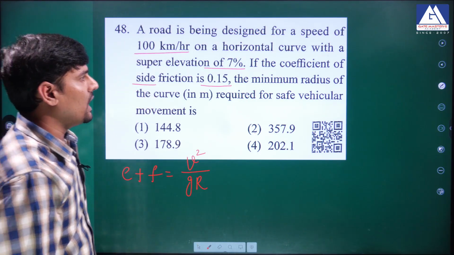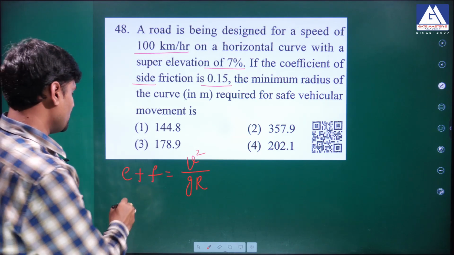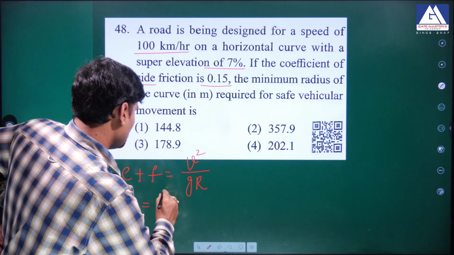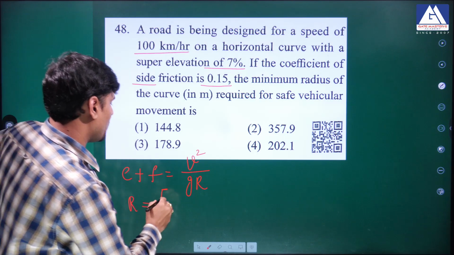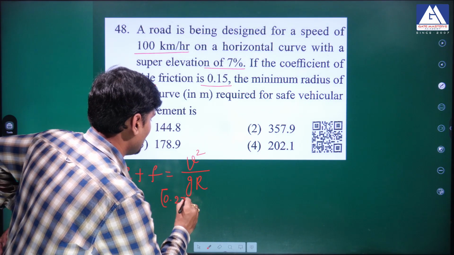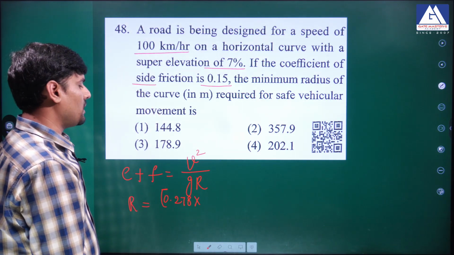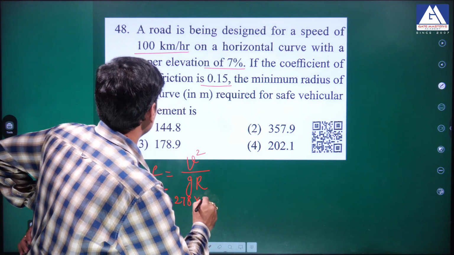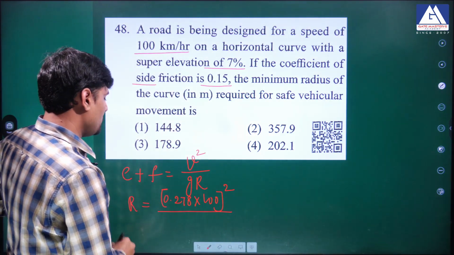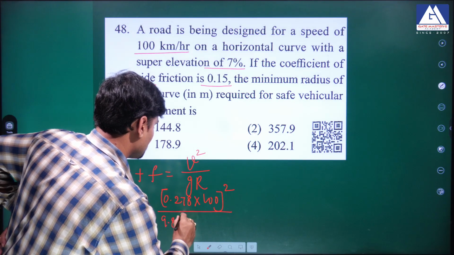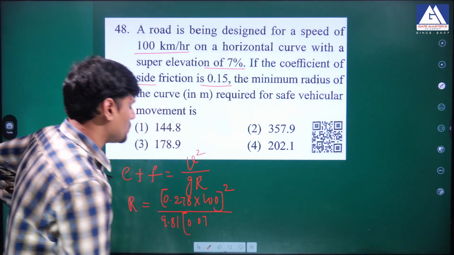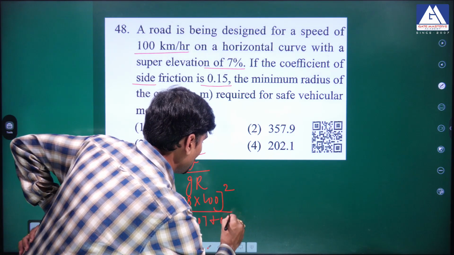If you substitute directly here and calculate R, since V is in kmph, we convert it into meters per second by multiplying by a factor of 0.278. So 0.278 into 100 whole square divided by, here g is 9.81, that is fixed, and e is given as 7%, so it should be written as 0.07 plus 0.15.